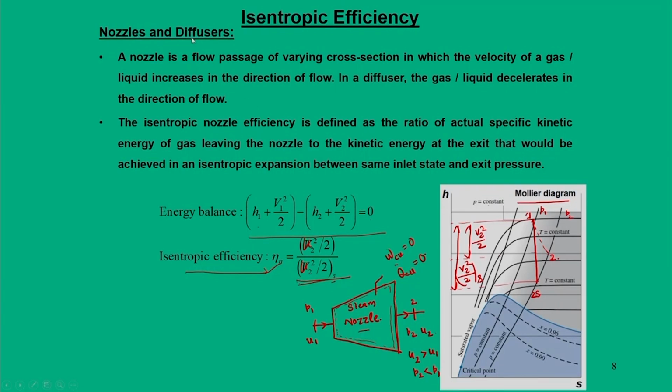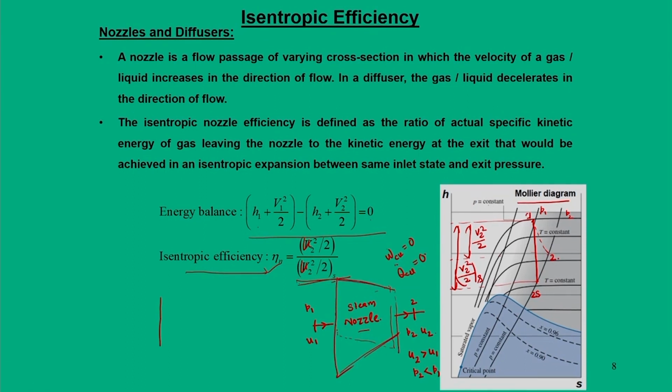Now, I have also given another term, diffuser. It is just the opposite of the process a nozzle does. So, a similar figure for a diffuser can be, sorry, I have made a mistake. It should be the other shape.